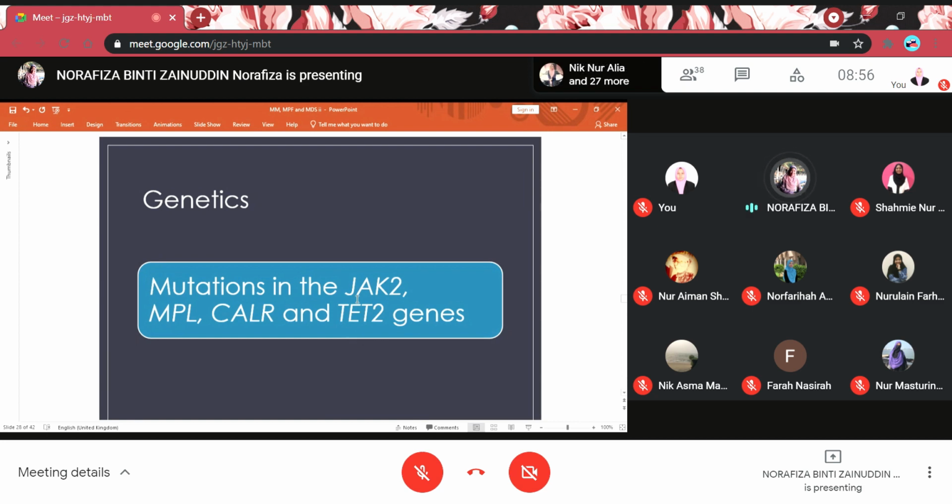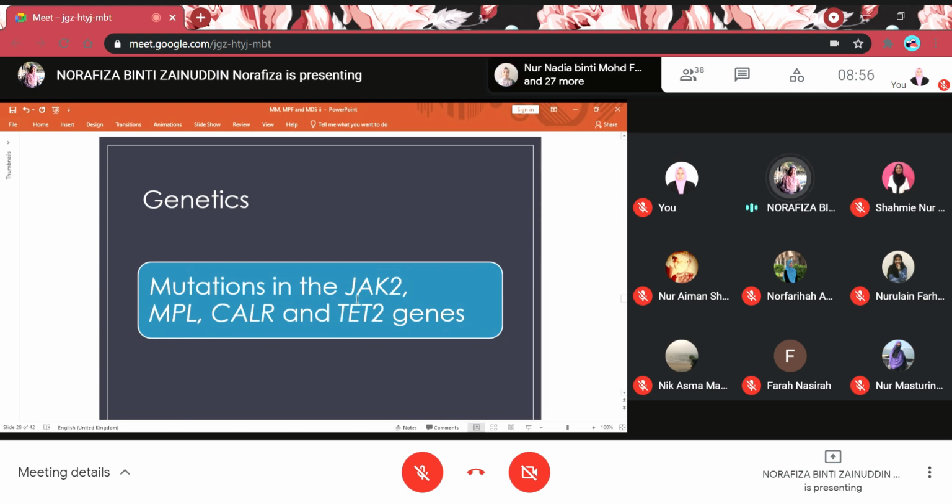So this will lead to overproduction of abnormal megakaryocytes, same as ET just now. And these megakaryocytes will stimulate another type of cell to release collagen. Collagen is a protein that normally provides structural support for the cells in the bone marrow.